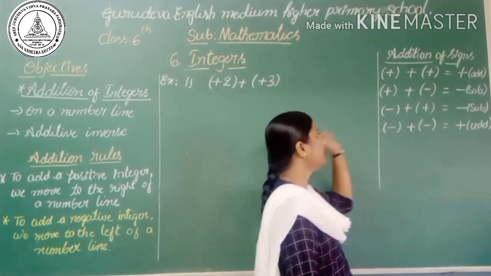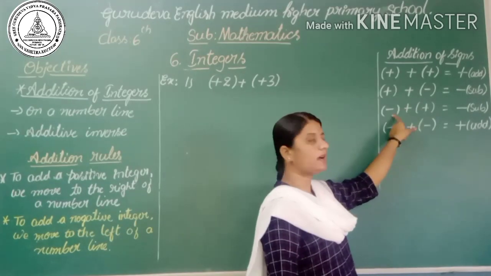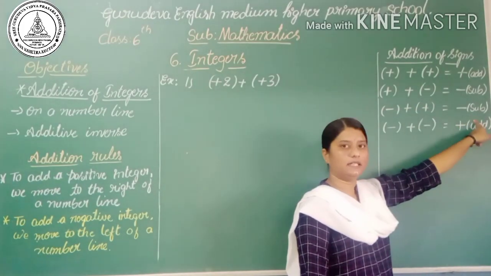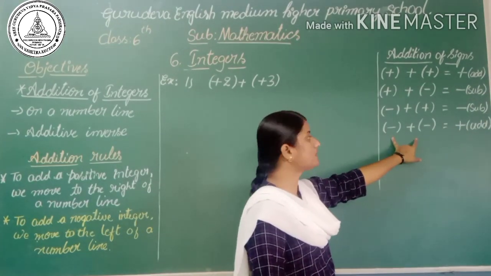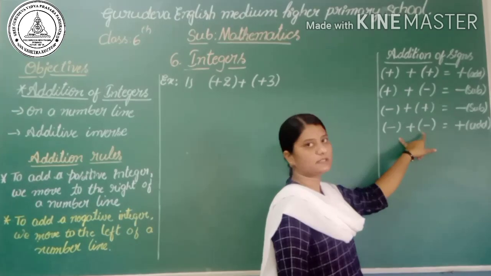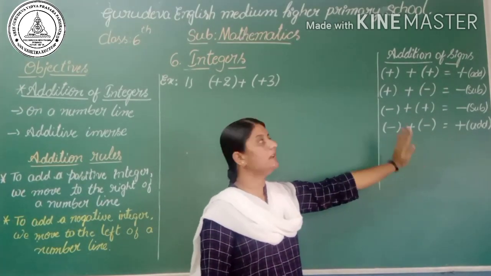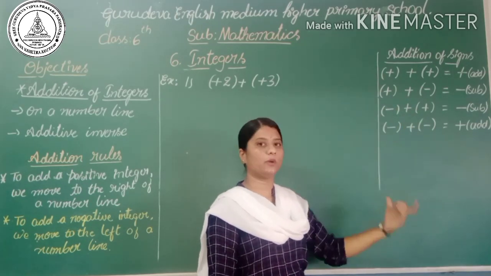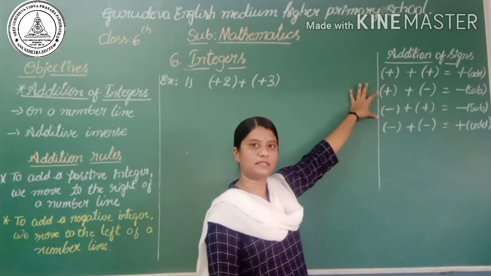Third, if one integer is negative and the other is positive, we have to subtract the integers. Then, if the two integers both have the negative sign, we have to add them. So if the integers have like signs, we add. If the integers have unlike signs, we subtract.